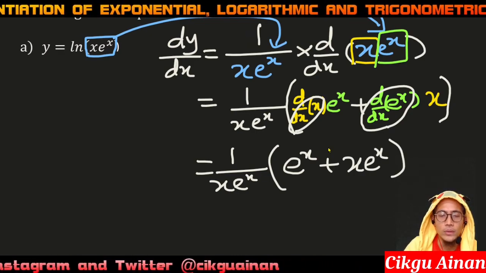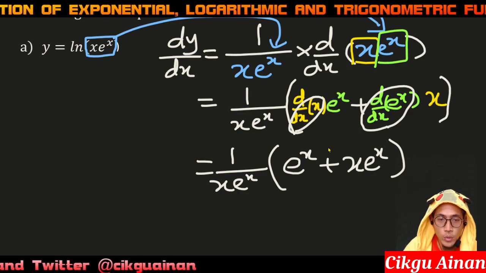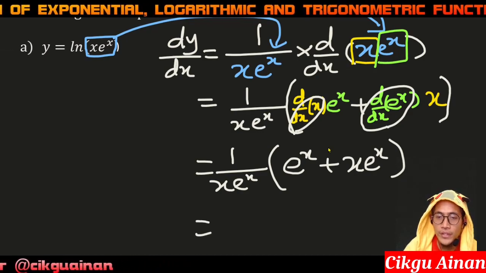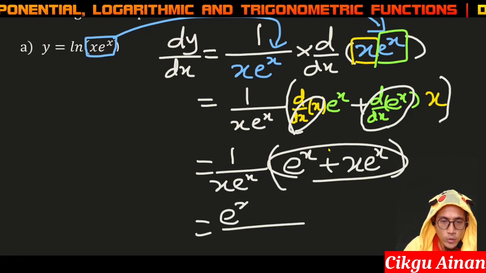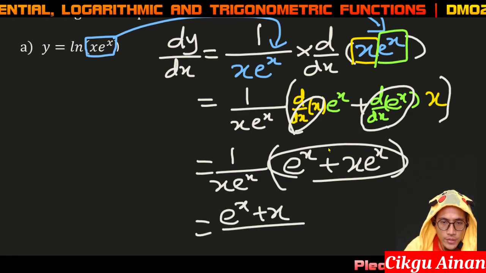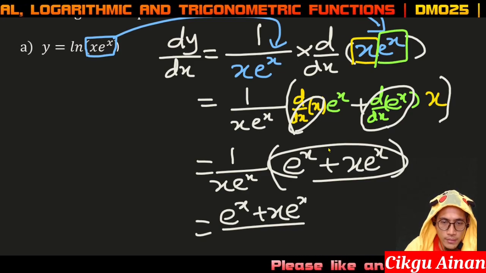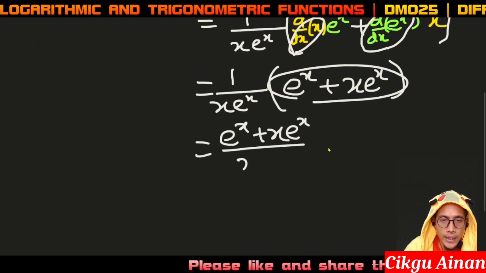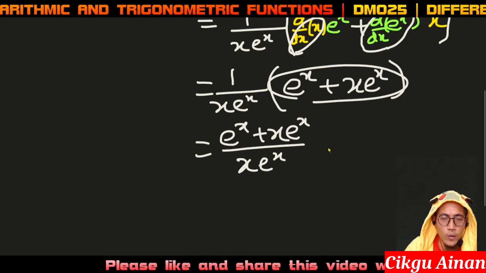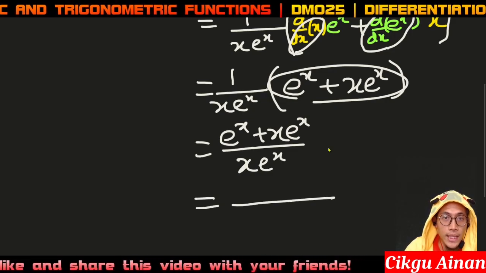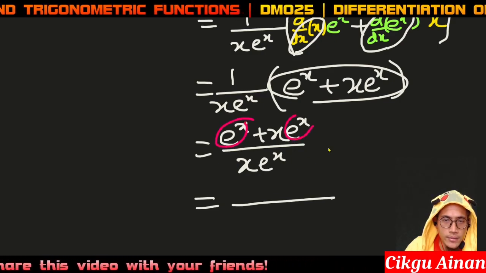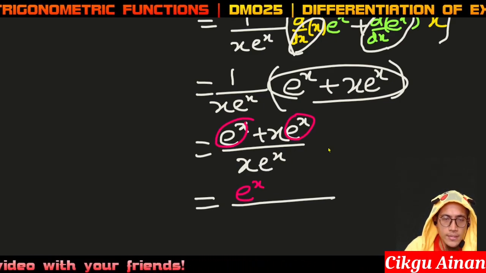Now we just multiply them with this 1 over. Put everything in the bracket on top in the numerator. So we have e to the power of x plus x e to the power of x over there, and then x e to the power of x. Over here, we can solve it further by factorizing e to the power of x.